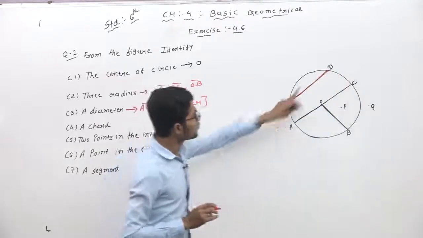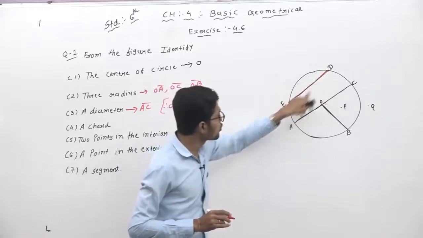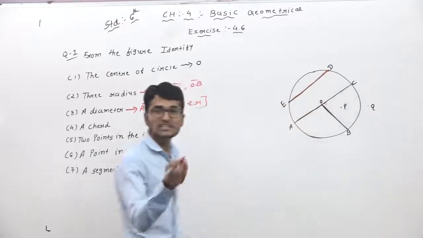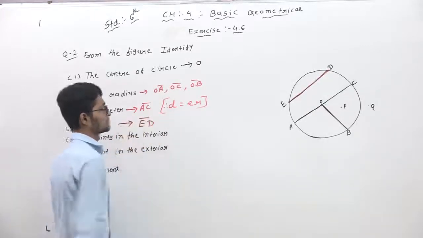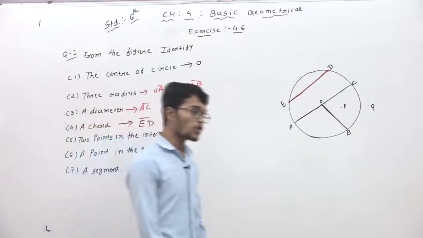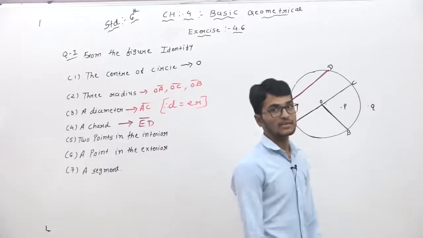Right? The 2 end points joined to each other by one line. It means E to D is our chord. So this question's answer is ED. And the longest chord of the circle is the diameter.